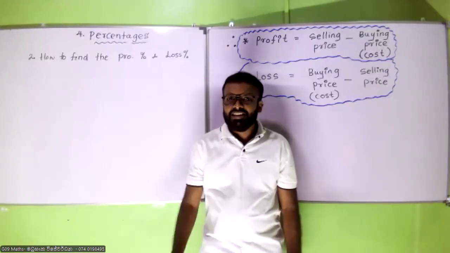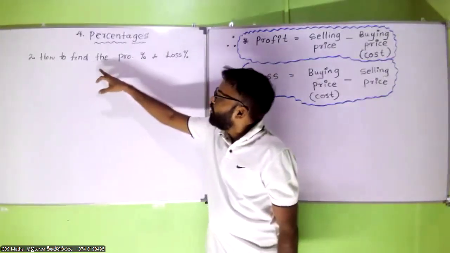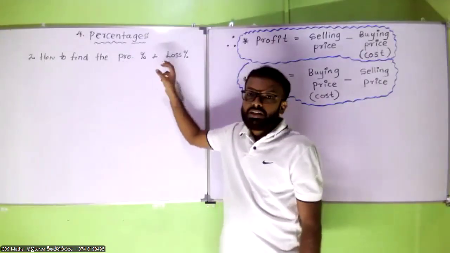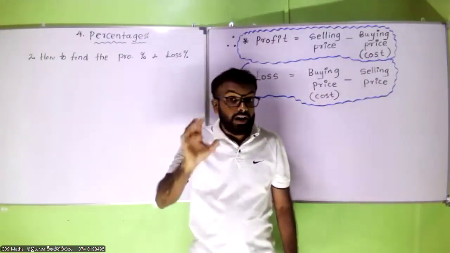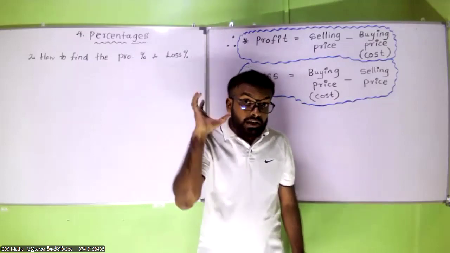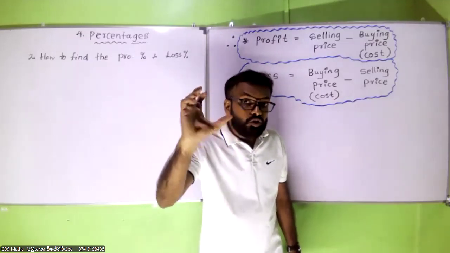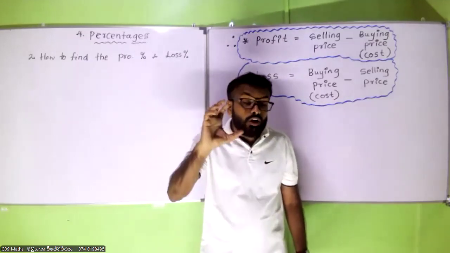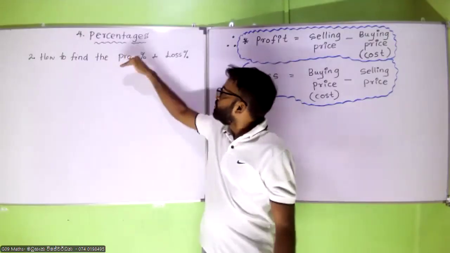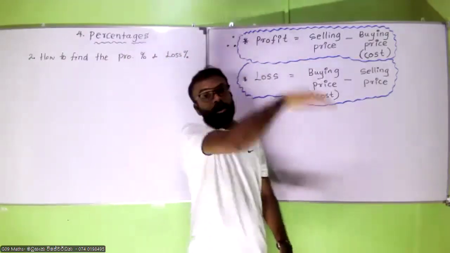The buying price. Yes. So if you are going to find the profit percentage or loss percentage of an item, definitely the denominator should be the buying price. So you are going to compare your loss or profit with the buying price.